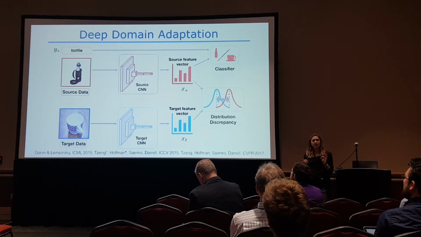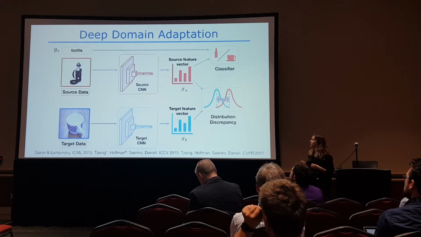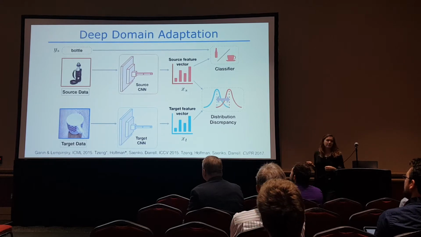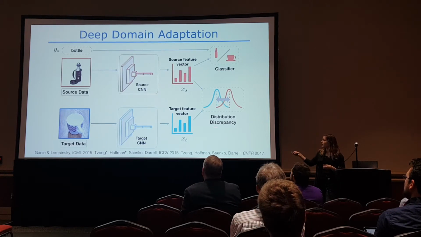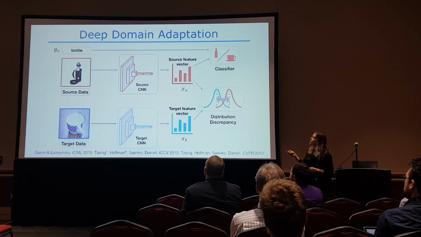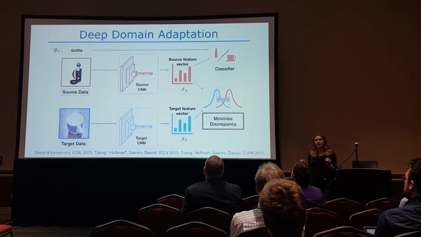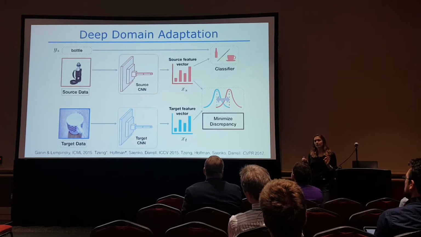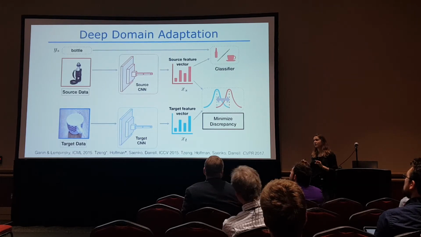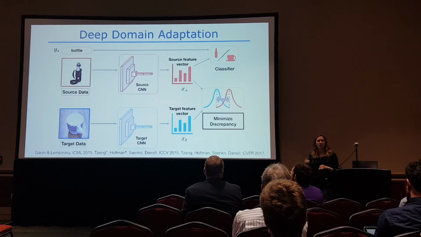But the really important thing about having a deep representation in this case is the fact that it is not fixed, and you can actually use this discrepancy between the two distributions as a supervisory signal in order to train these representations. And so to do that, we're going to explicitly modify the representations so as to minimize the discrepancy between the source and the target distributions.